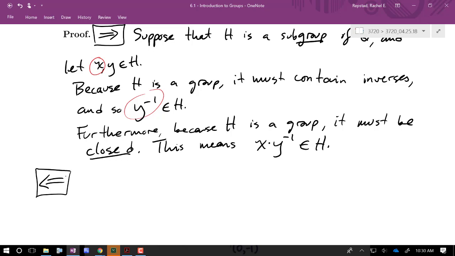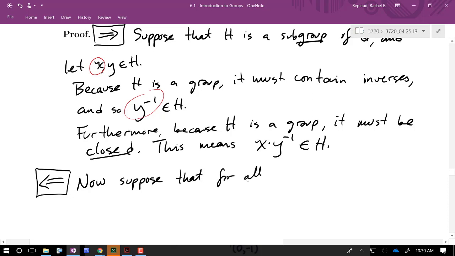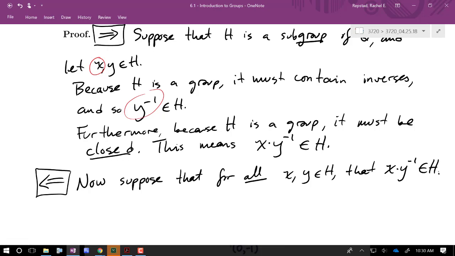And we're going to suppose that if X and Y are any two elements in H, then X times Y inverse is in H. This is the important bit of our assumption: no matter what two elements I pick, if I take X times the inverse of Y, then that will be in H.